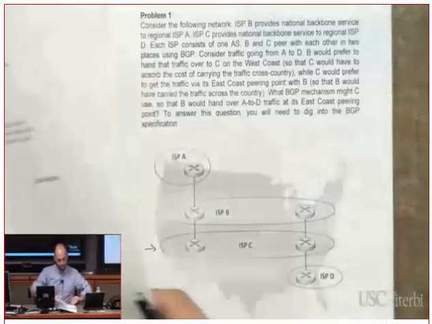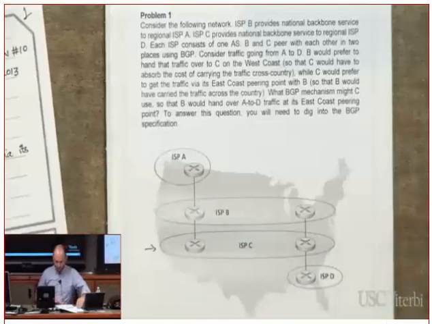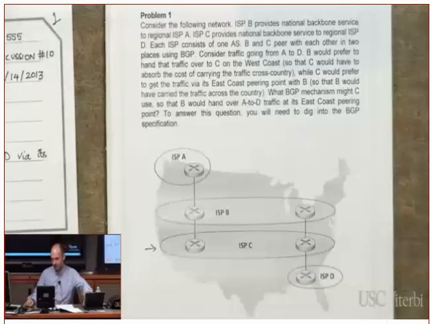Okay, so if you are C, you want the traffic to travel over B's network. If B knows that there is a route, right, if there is a route here, he'll send the traffic from A on this link, in which case it needs to cross C's network, but C doesn't want that.